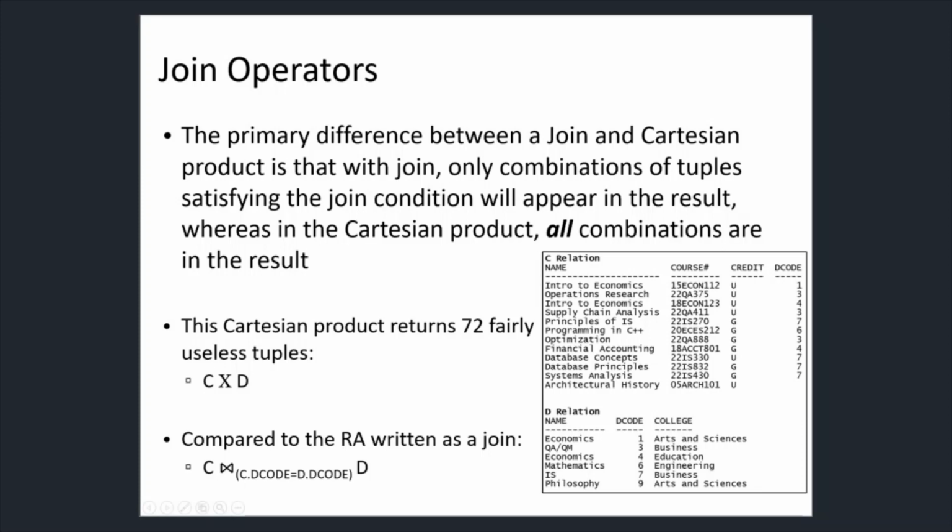Returning to our C relation and D relation, courses and departments, the Cartesian product returns 72 tuples. It's every single combination of tuples from the C relation and D relation. However, we could do a join on relation C and relation D, and this is much more useful.